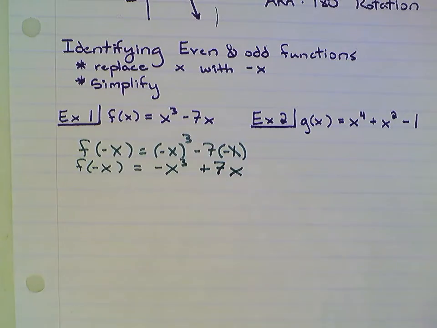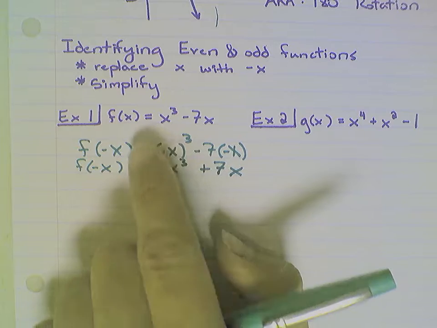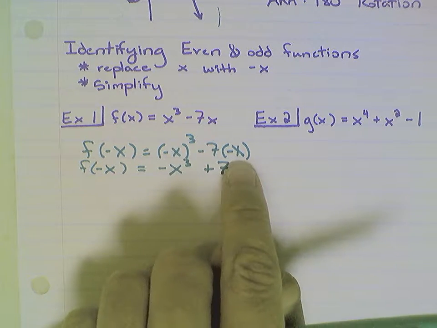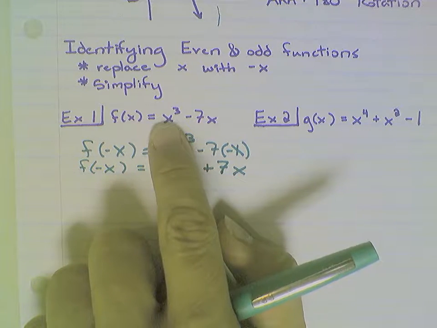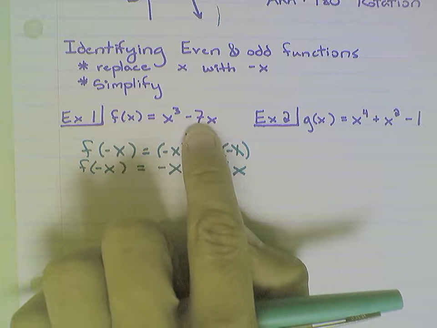Now, if I look back up at the original function, I don't get the same function back when I plug in the -x. Instead, I have a -x^3 rather than a positive x^3, and I have a positive 7x instead of a -7x.